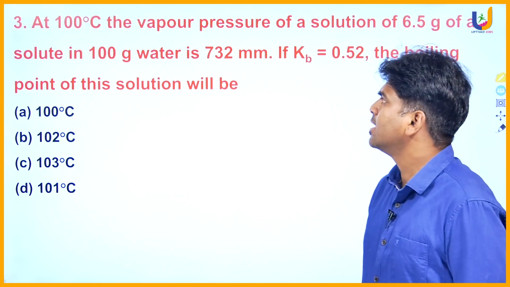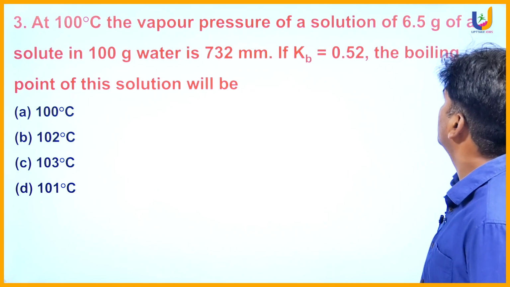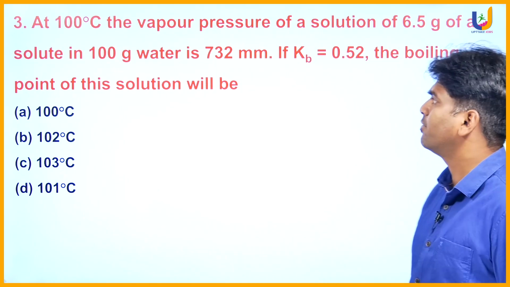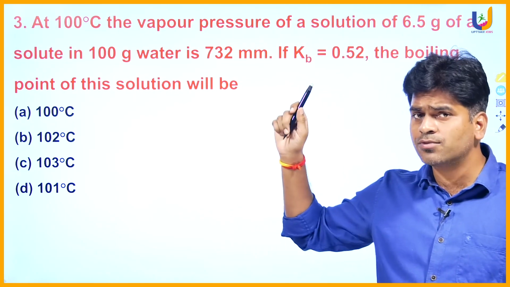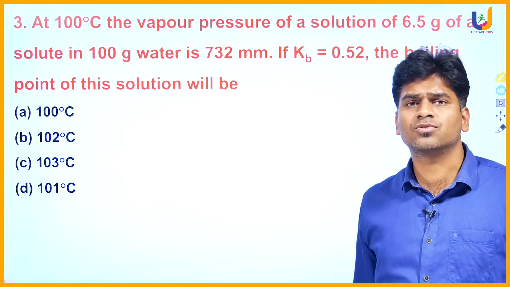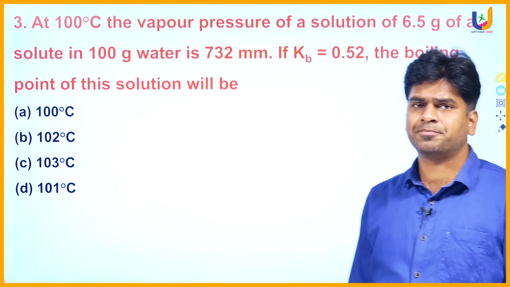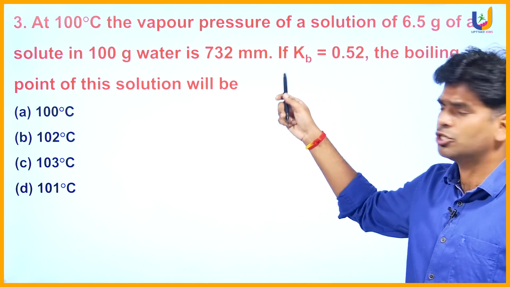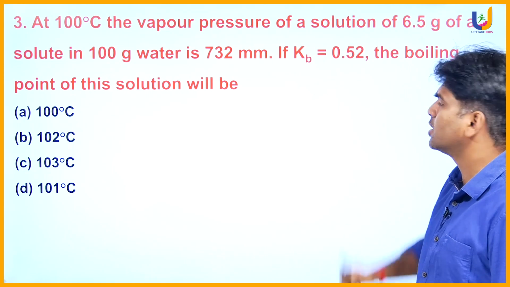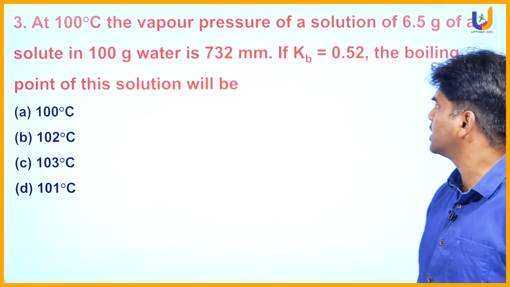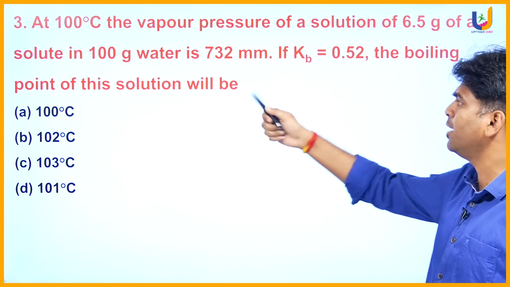At 100 degrees Celsius, the vapor pressure of a solution of 6.5 grams of solute in 100 grams of solvent is 732 mm. If Kb, the elevation boiling point constant, is 0.52, what will be the boiling point of the solution?